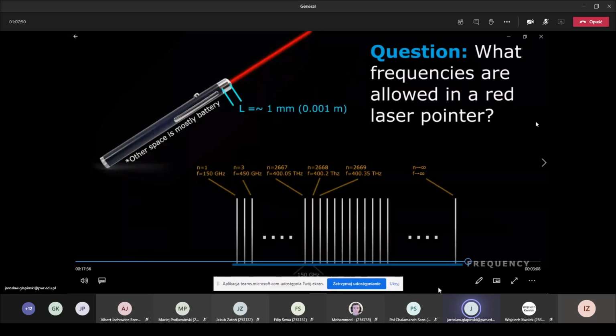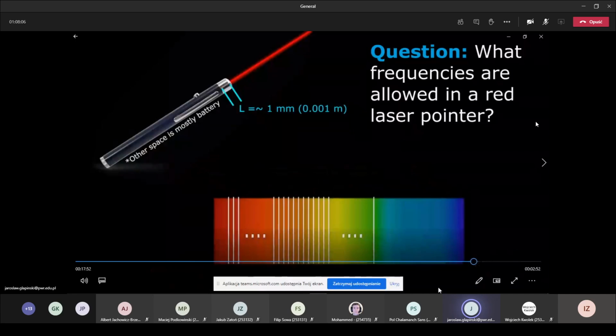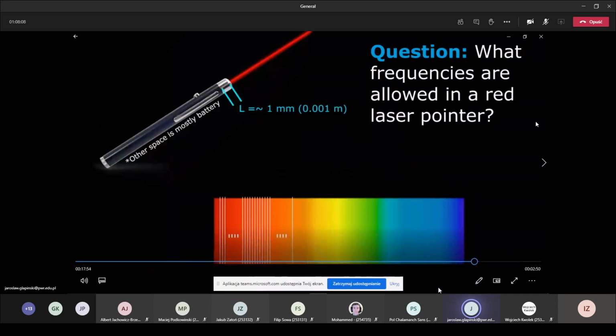These are the frequencies that are allowed to resonate in this laser cavity. So if you wanted your laser to have a frequency of 400.1 terahertz, you would first have to change the cavity length for this to be allowed, as it is not possible in this red laser's cavity. About 2,600 frequencies in the visible spectrum would be able to resonate in this red laser's cavity.